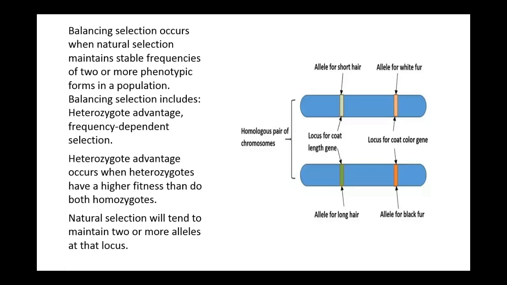With regard to the heterozygote advantage, the example that's in your book is sickle cell, and the idea behind this is you have a dominant and recessive. Individuals with the recessive allele for sickle cell, the dominant allele tends to mitigate the effects of sickle cell, whereas if you have two recessive, so homozygous recessive, you have full-blown sickle cell disease.